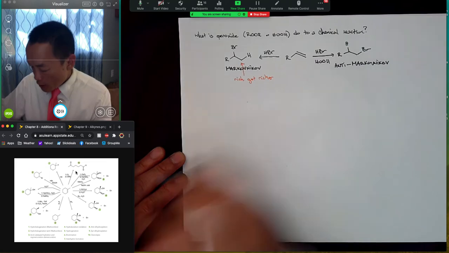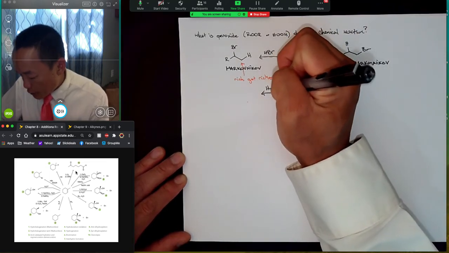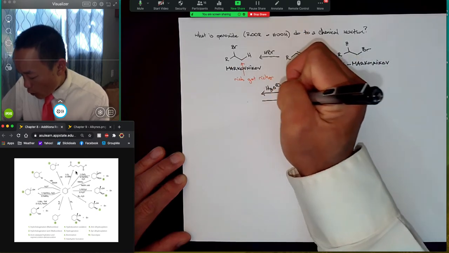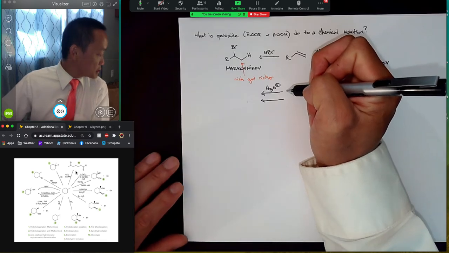Addition. This is also true when we looked at the addition of H3O+ or the addition of, what was that? What was the last one we just did?